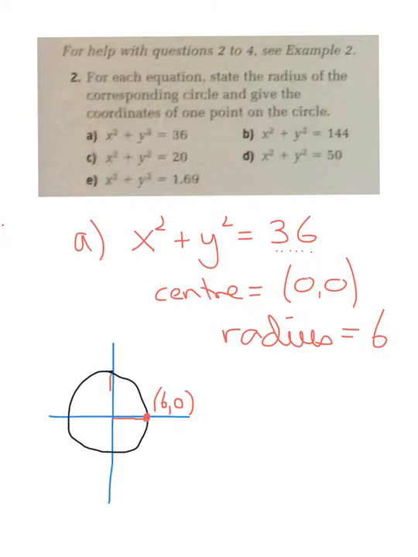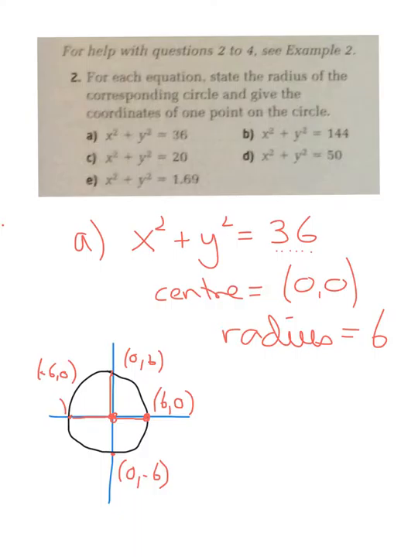We know that this distance here must be 6, so that point there must be 0, 6. This one over here is 6 as well, so this one is going to be -6, 0. And this one down the bottom, again, will be the mirror image, 0, -6. So 4 easy points we can find on a circle as long as we've got center 0, 0.